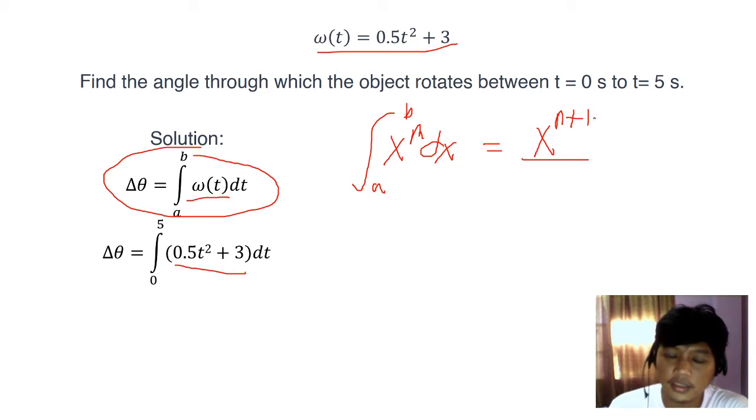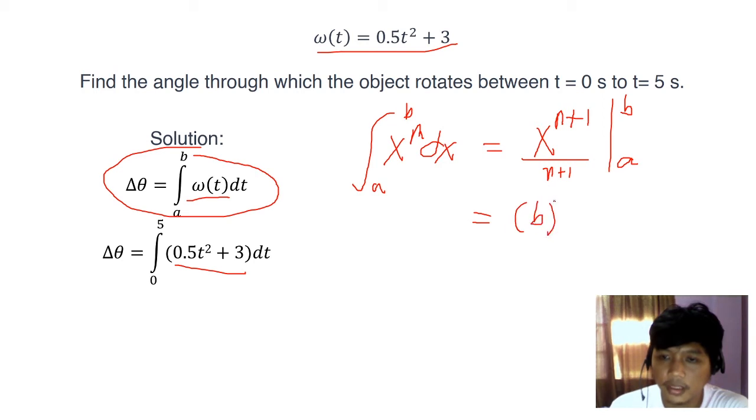And in derivatives you put the power in the coefficient; this time we're putting the power in the denominator. Evaluated from a to b means we substitute b first, and then we subtract what we get when we substitute a.